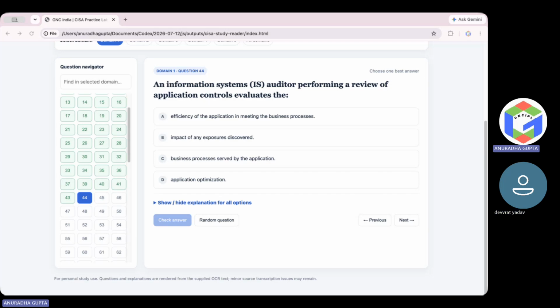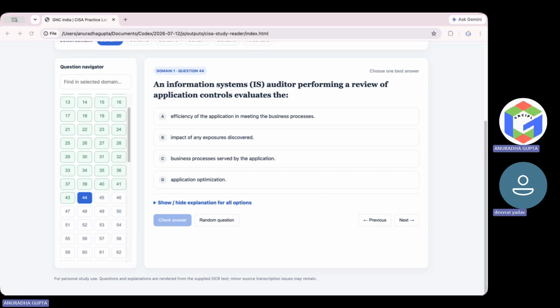So test of design and test of effectiveness will be tested as per the business process. Okay, for the application, but the application will only run when it does not have any vulnerabilities associated with it. You got my point?